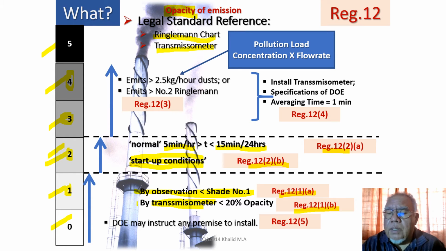You know that your fuel, even if you use diesel, let alone if you use wood chips or palm kernel, whatever, you know that you are not going to comply. You are going to emit smoke which is very opaque, as 3, 4, and 5. That is contravening this law. The law allows until 2. What do we do?